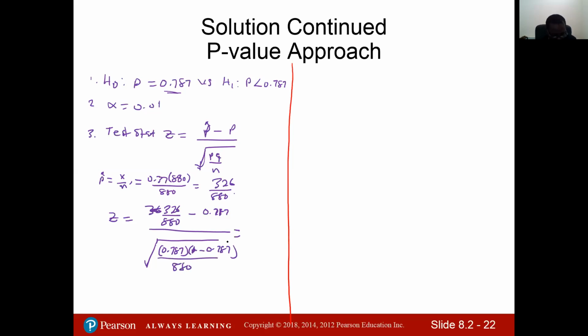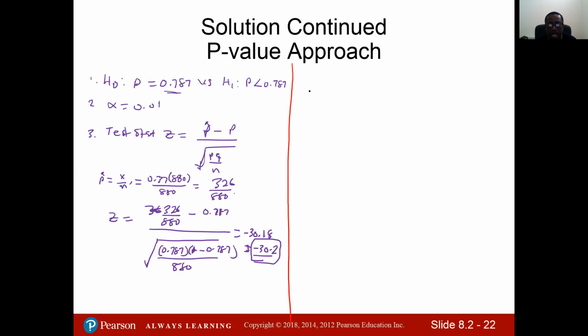If you evaluate this correctly, you get negative 30.18, so approximately to 1 decimal place, negative 30.2. So that is my test statistic.